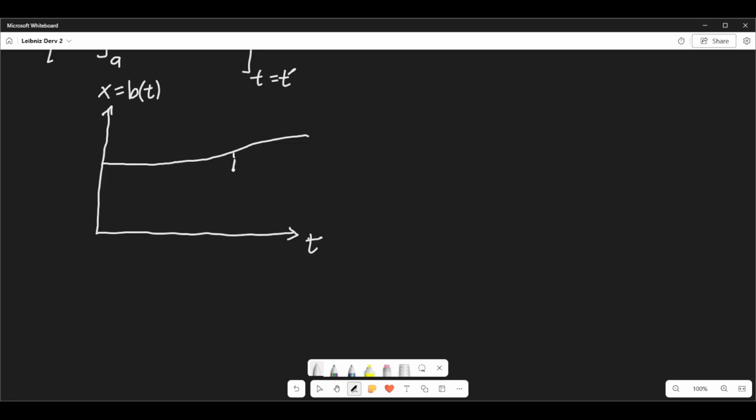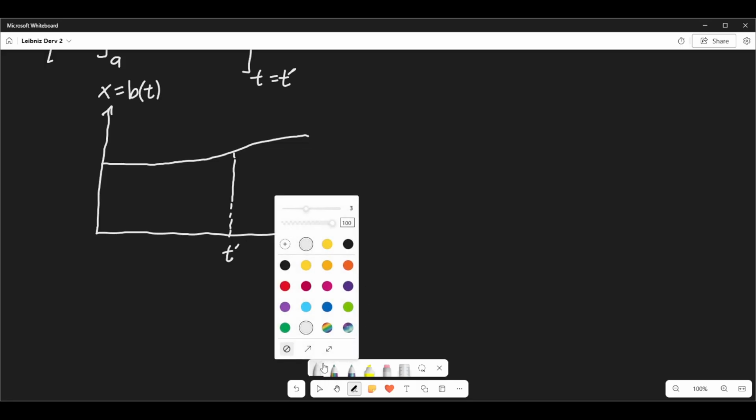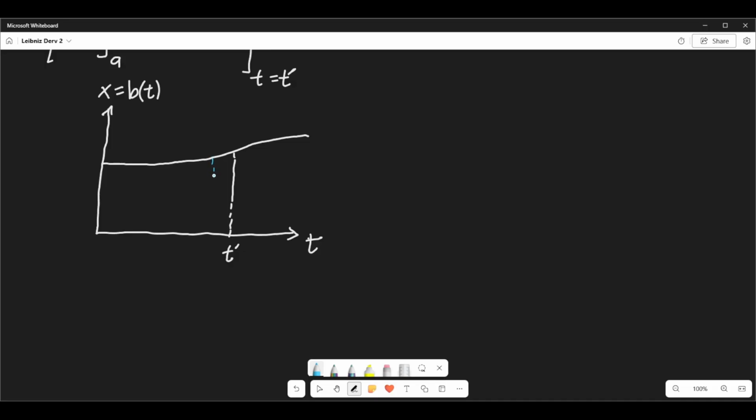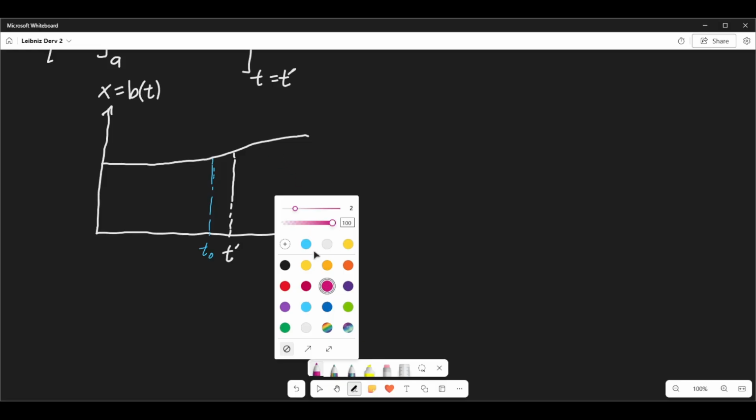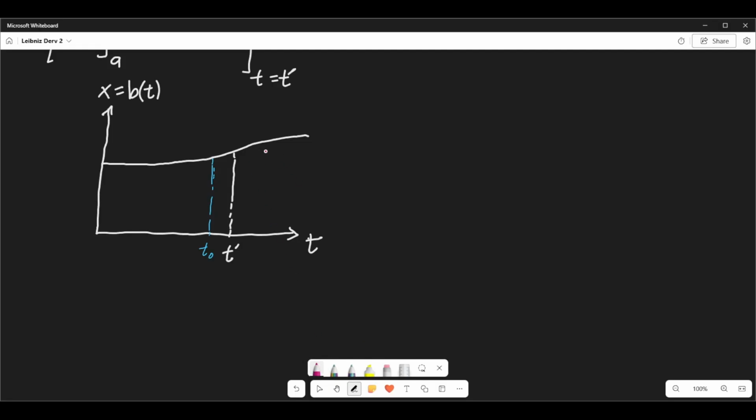So go to time t prime, it's here. And go a little bit into the past. Say at t naught, it's there. And slightly farther forward in time.